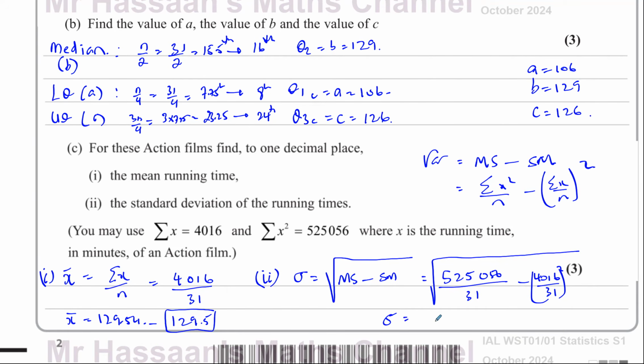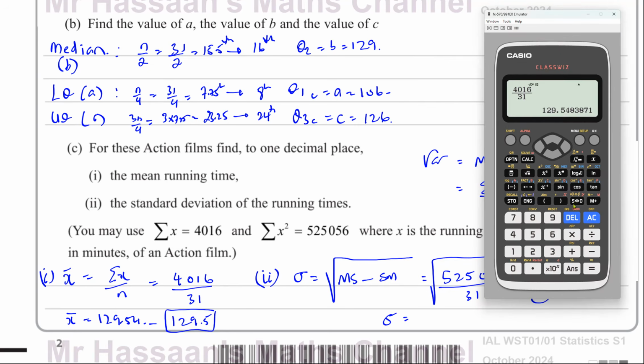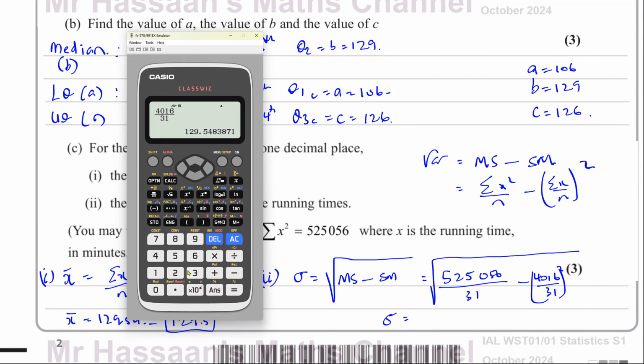So the standard deviation is going to be equal to the square root of 525,056 over 31. That's the mean of the squares. It's already been squared and added. Minus the square of the mean. So we take the answer that we got just now and we square that.